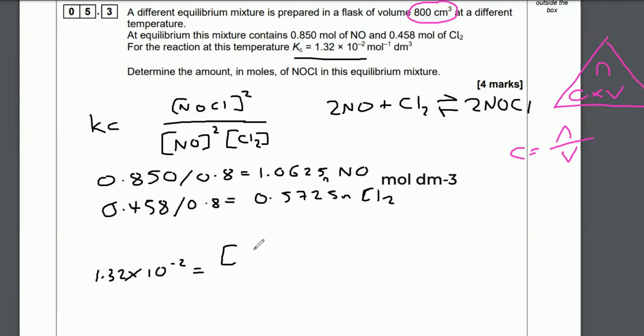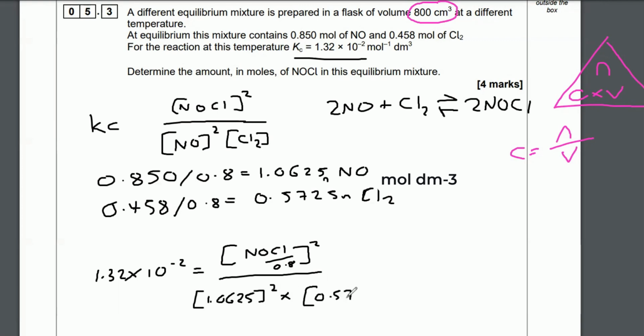Okay, so let's set this all out as the Kc expression. So we want to do Kc is 1.32 times 10 to the minus 2. I know that is equal to the product, NOCl, which we don't know the moles of yet, over 0.8, squared. And that is over the top of the reactants, which is 1.0625 squared times 0.5725.